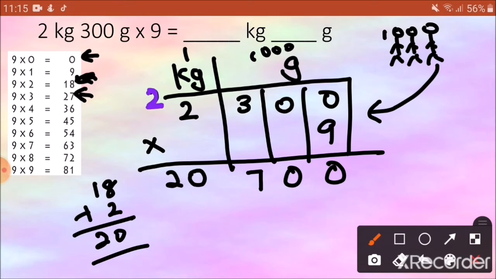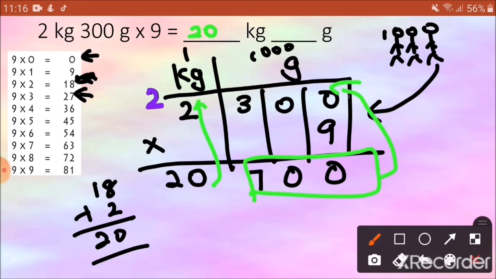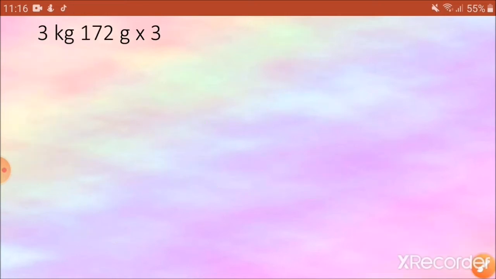Then we can fill in the blanks. You see 20 belongs to kg, and 700 belongs to gram, so 700 gram. Easy. Let's look at the next question.